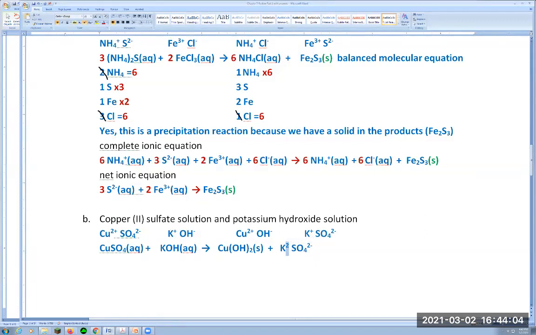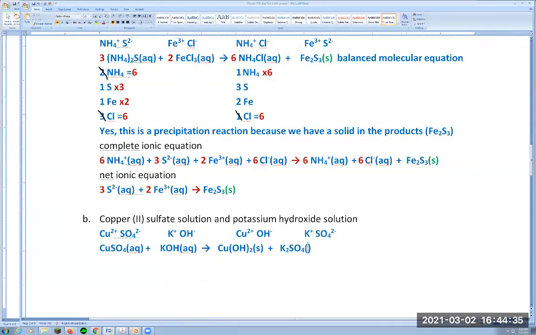So it's going to be a subscript of 2 for potassium. And then the one from the potassium will be a subscript of 1 for sulfate. So you keep sulfate like this. You don't need parentheses when it's only one of the polyatomic ion. So that's correct like this. K2SO4.